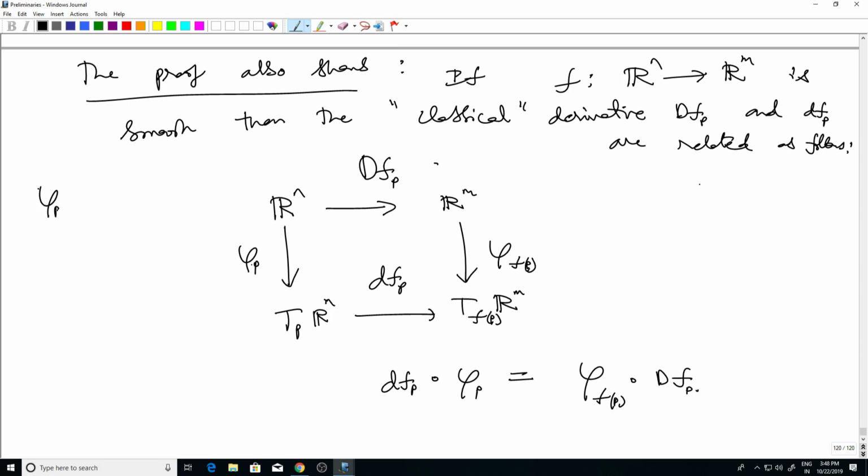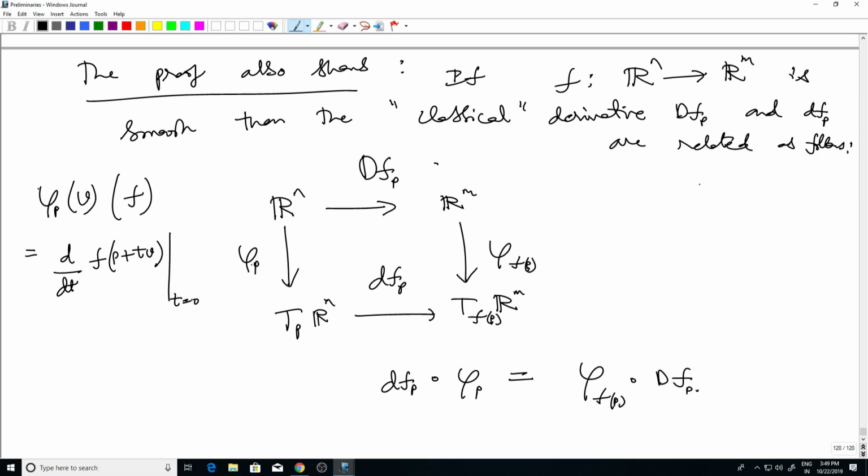Vp, if I start with an element of Rn, V, that should give me a derivation on Rn, and that derivation should act on a function, and this is the usual directional derivative: d by dt of f of p plus tv at t equals 0.